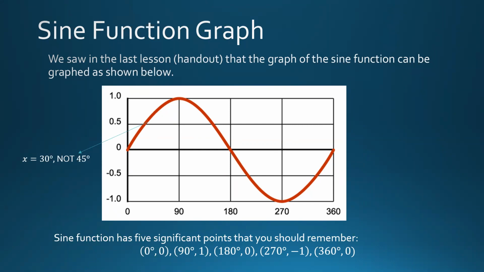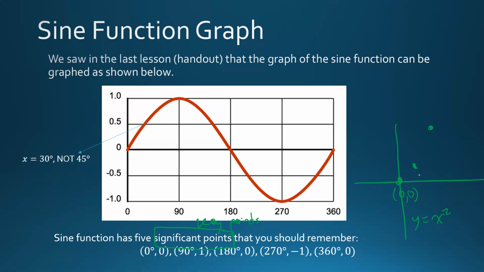So what we do is we focus our attention on what we call key or significant points. The sine graph has 5 significant or key points. These are the points that you really have to memorize and understand and know exactly where they are on the graph. This is very similar, and I'm going to make that connection, to quadratic graphs. When you first learned about quadratic graphs, and then we did transformations, remember I said to remember the key points on the graph of y equals x squared, right?